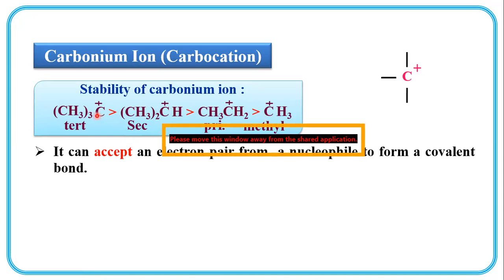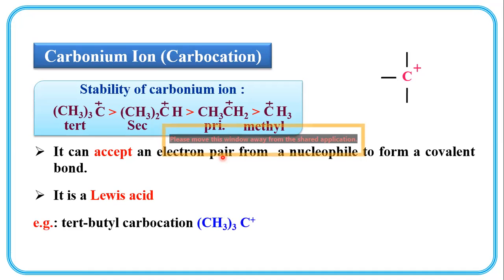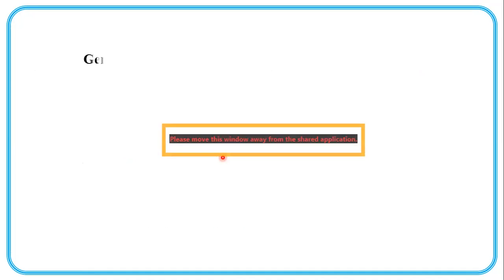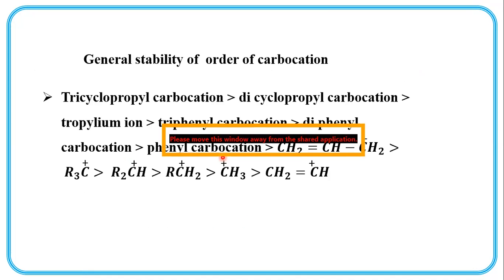So as it is electron deficient species having positive charge, it is able to accept electron pair from nucleophile. So it is Lewis acid. So here it is given general stability order of carbocation. So these are different examples of carbocations up to this.